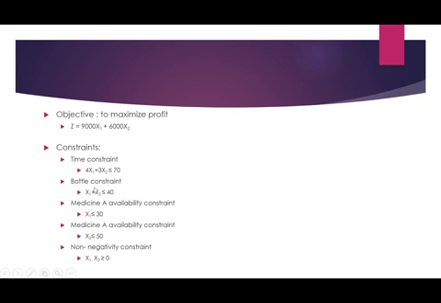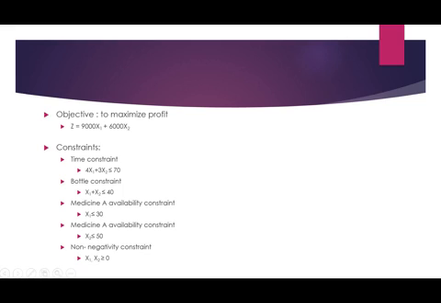Bottling constraint also very much similar to the earlier constraints. X1 plus x2 less than equal to 40. Now the new one that we have observed is medicine A availability constraint, individual constraint. X1 should be less than equal to 30.